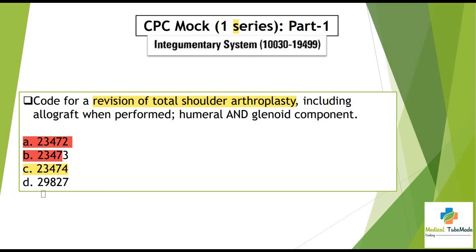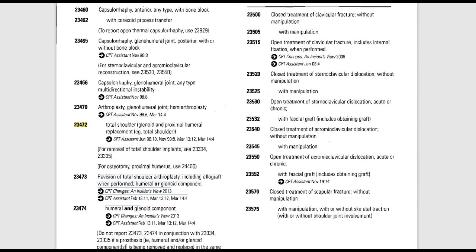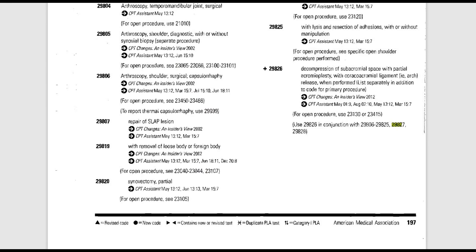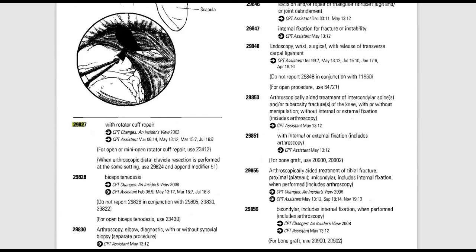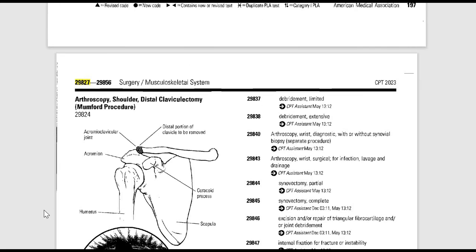And the last CPT code, 29827, we will check. 29827 is rotator cuff repair.